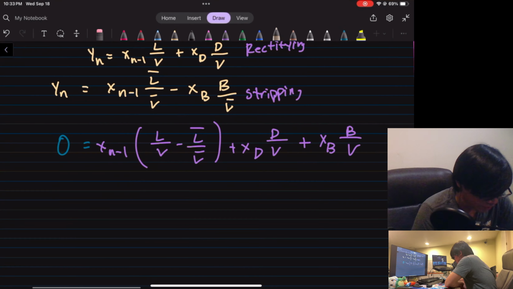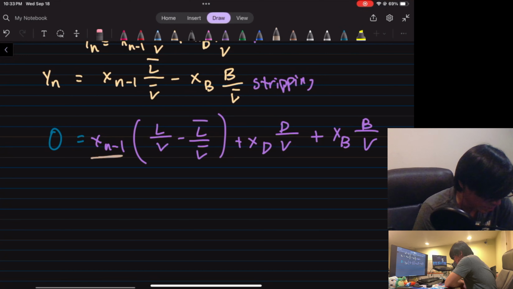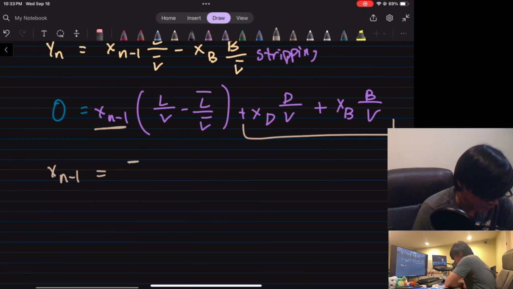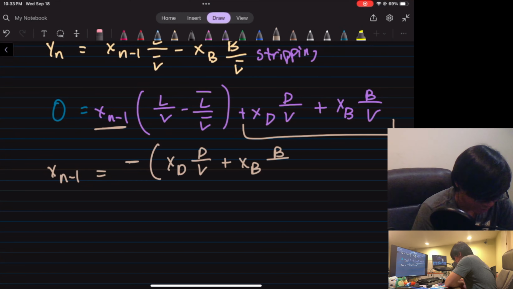We're just solving for a point here, so it's isolating xn minus 1. These will move over to the other side, they'll be negative. I'll put a negative here, move it to the other side. Just some algebra at 10:30 p.m.